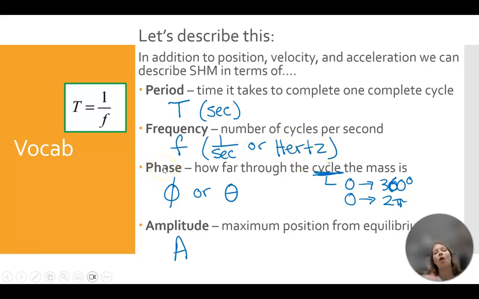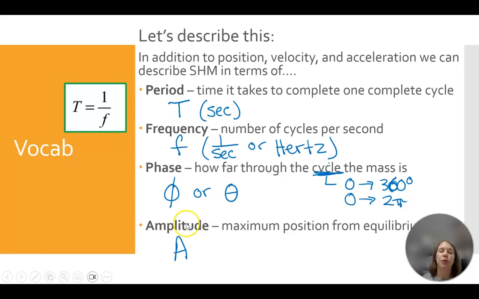We can also think about how far through the cycle a mass has gone in terms of phase or just in terms of time. We'll often see time as our x-axis, but how far through a cycle something has gone, we can think of with the symbol phi or theta, saying, where I started it was a 0 degree position, and then at the maximum displacement upward is 180 degrees, and then when it goes back to its initial position, it's at 360 degrees.